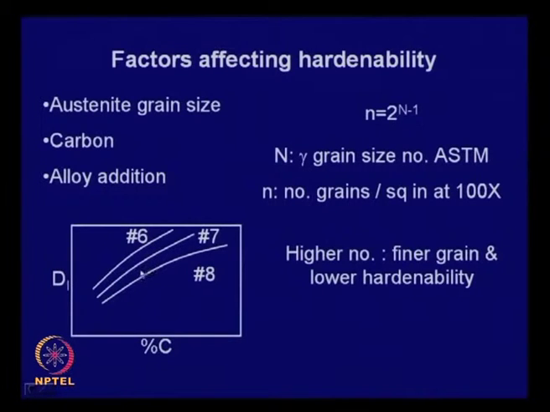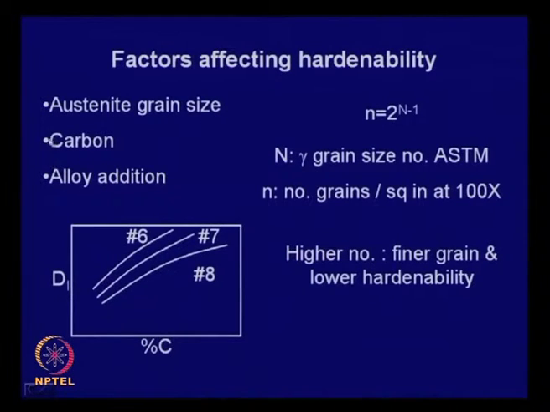But this is not a very favorable technique for improving hardenability, because coarse grain structures have poor mechanical properties, as we talked about earlier. You get poorer toughness, and toughness is an important criterion for material selection. Therefore, even in hardenable steel one would generally like to have fine austenite grain size. So, this is not a favorable way of improving hardenability, and we do not consider it.